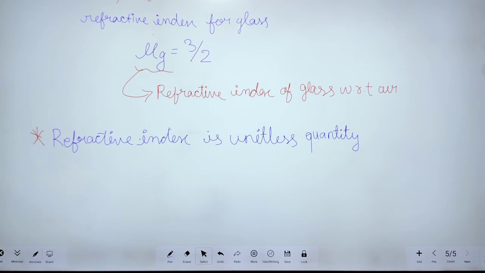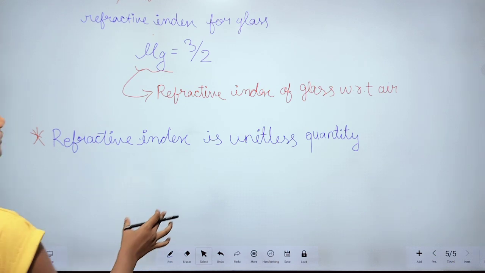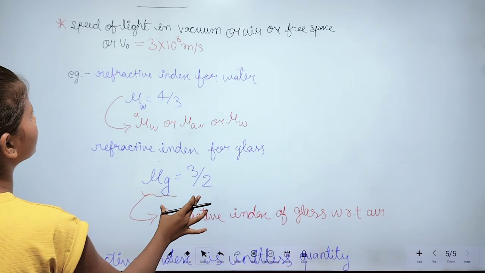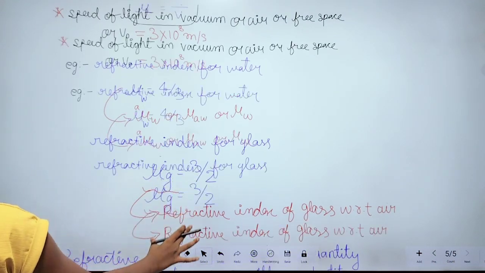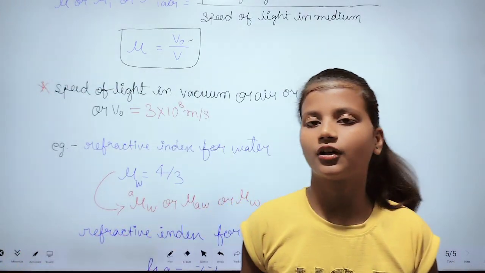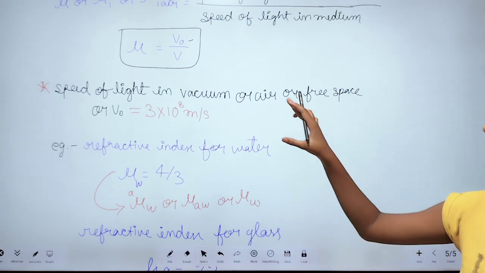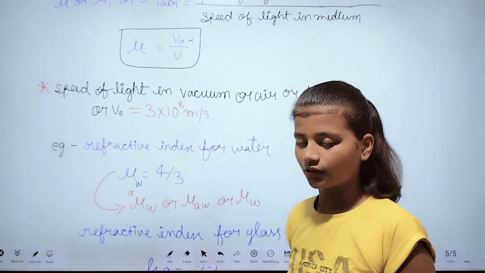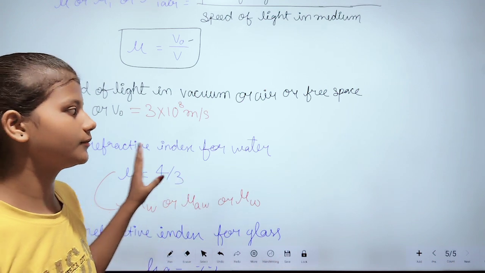So I hope you understand about refractive index. This one is the speed of light in a vacuum or air, or you can also say V0. V0 is equal to 3 into 10 to the power 8 meter per second.